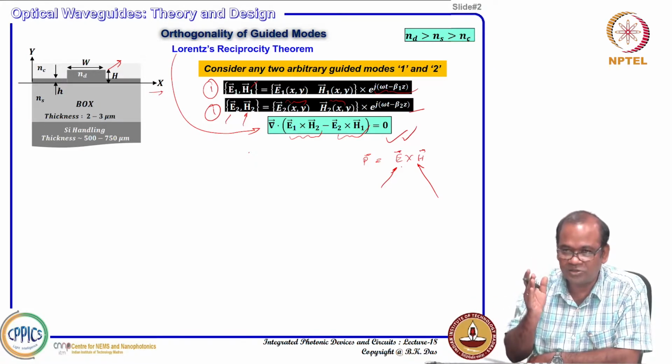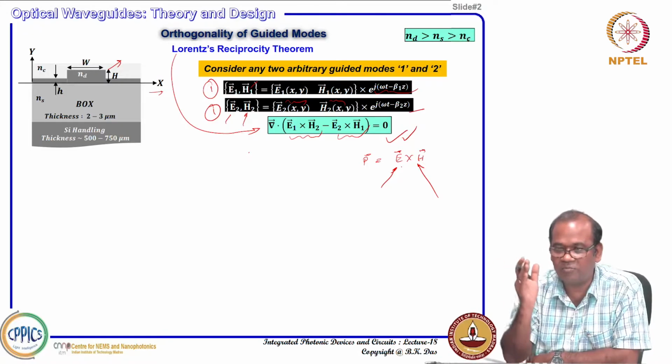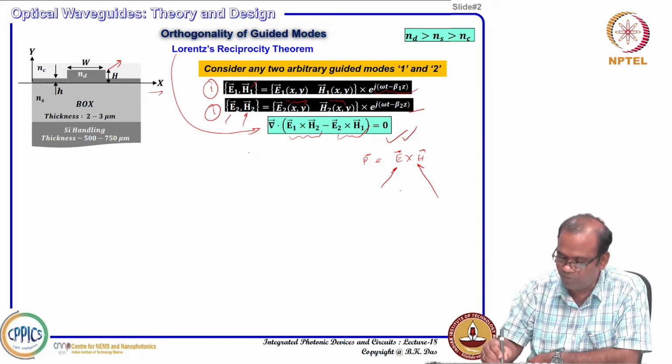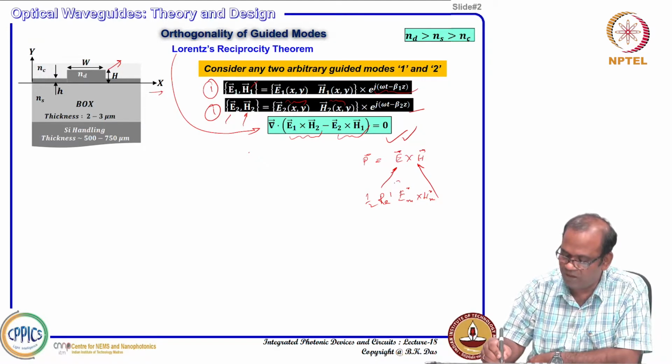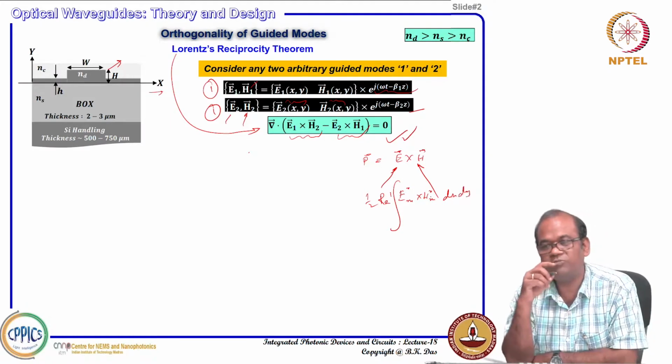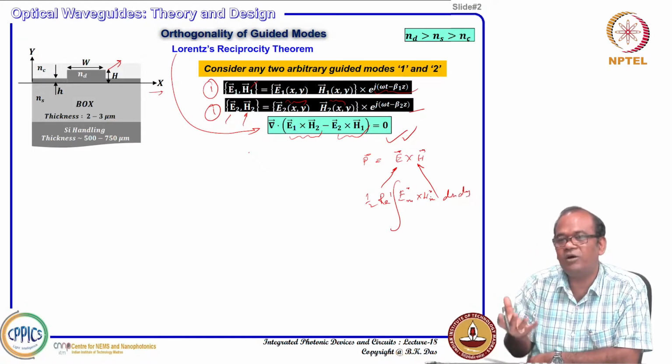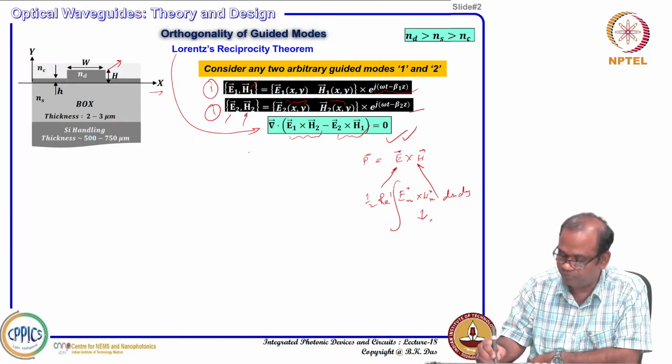But if I restrict myself to the energy or power carried by individual modes, then we must write half the real part of EM cross HM star, integrated per unit area. That is the power carried by the m-th mode.